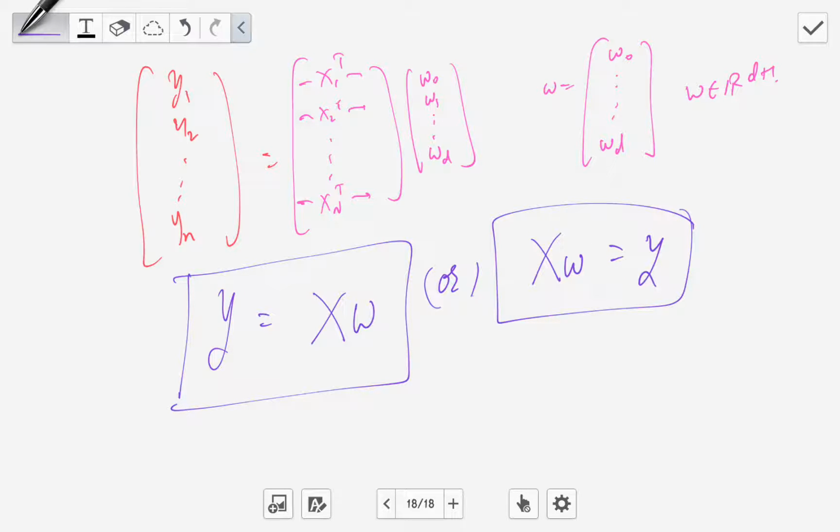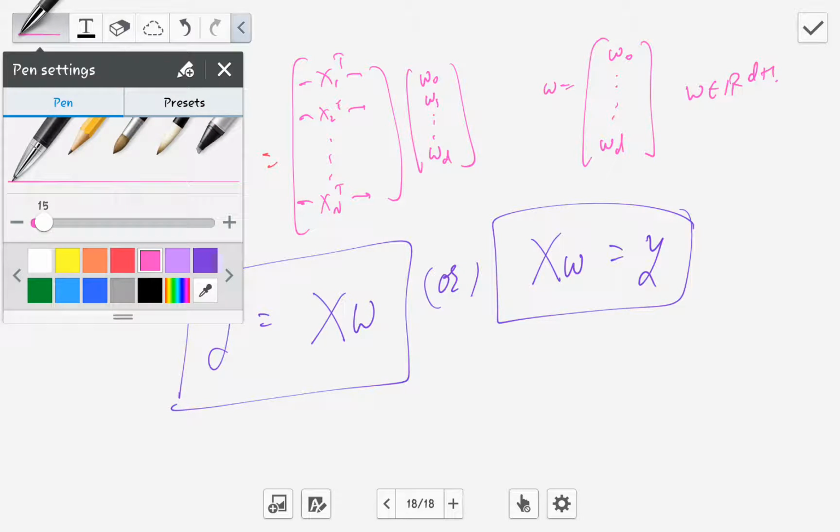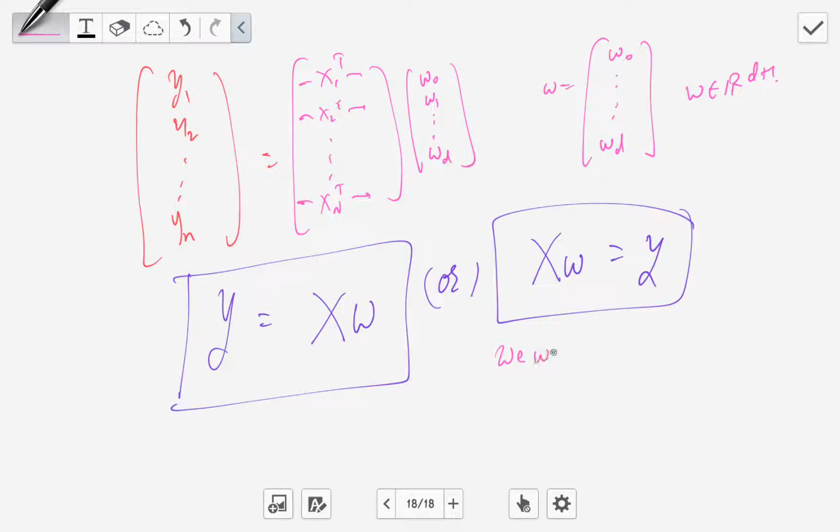So the thing here is we want to find an optimal W such that the above is satisfied.